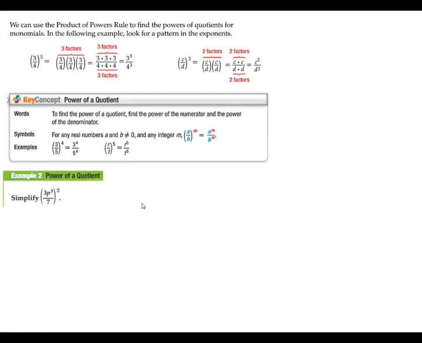Let's try this one. 3p cubed over 7, all squared. So the power of a quotient property says I can square the numerator and square the denominator. So 3p cubed quantity squared over 7 squared. Then I can use power of a product in the numerator. Since it's 3p cubed quantity squared, I can square each factor.